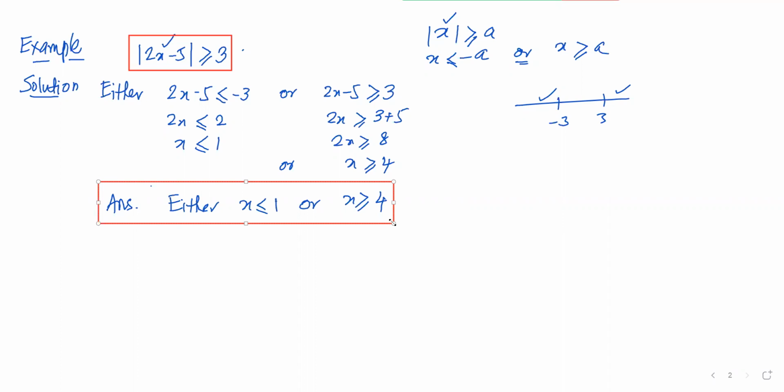The second case of the inequality is type 2.